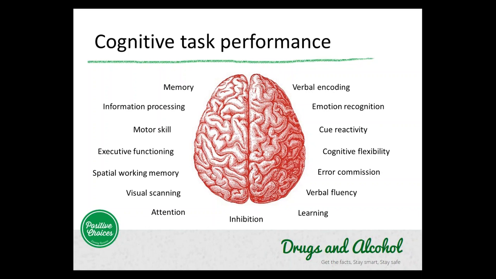Whilst these findings are consistent with the adult literature, so adults who use drugs and alcohol also show deficits in the performance of these cognitive tasks, there is some evidence that these deficits may be more likely to persist with abstinence amongst adolescents, so after the adolescent stops using.